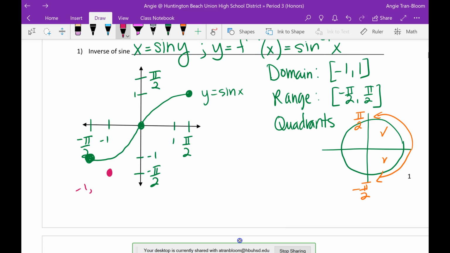And 0, 0 is obvious, right? Last point. 1, yep, pi over 2. So here we go. 1 comma pi over 2. This is the inverse. I got 3 dots. Should I make a straight line? No. How are we curving this? So it's hugging what? The y-axis.